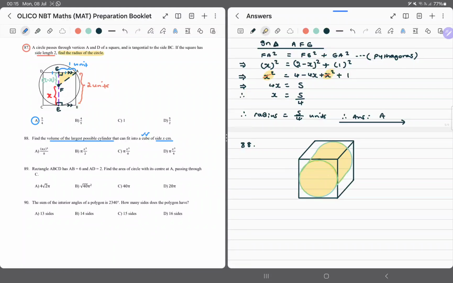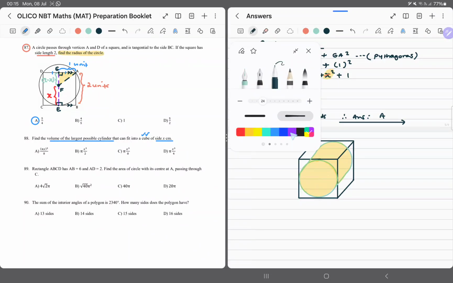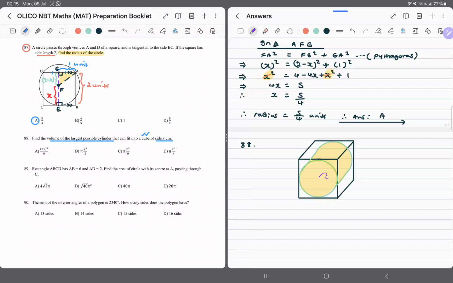So what would we know here is that of great importance is the fact that if this is our center, from the center to the bottom, that would be the diameter, right? And then we can make this one the radius. And essentially the radius is half the diameter.